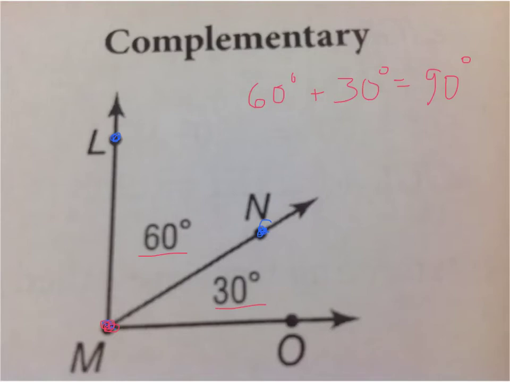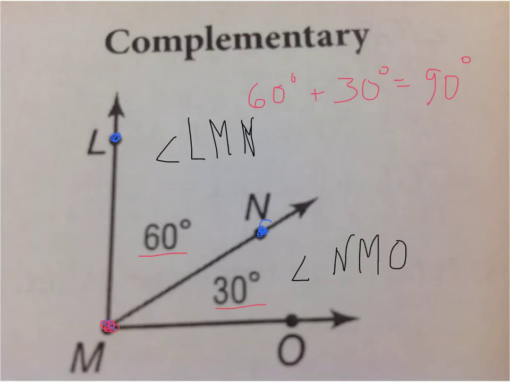So in this case, we would name this angle, use the angle sign, L, M, N. Then this angle would be called angle N, M, O. So just so you know, when you have to write angle names down, it takes 3 letters, and the middle letter is the one that's found at the vertex.